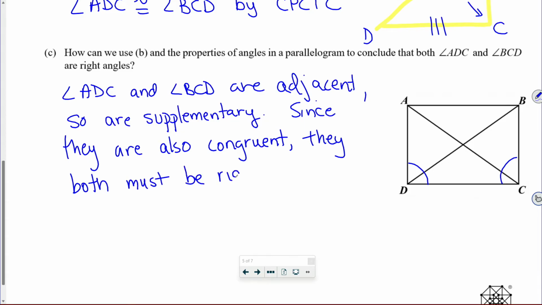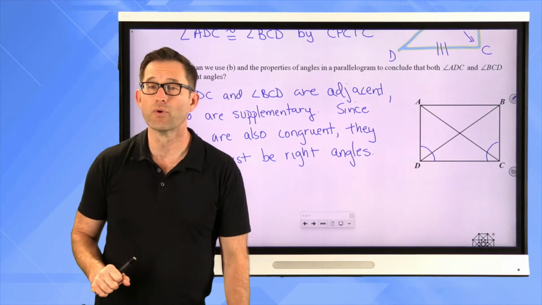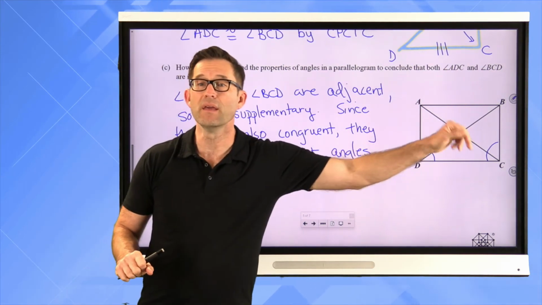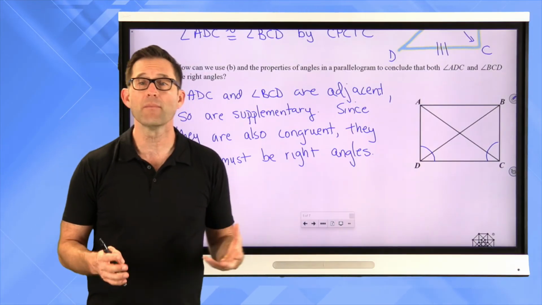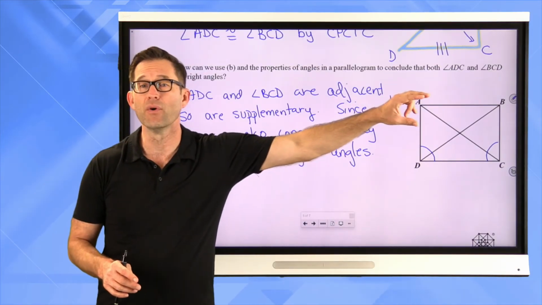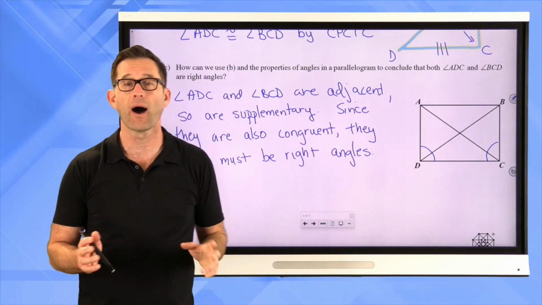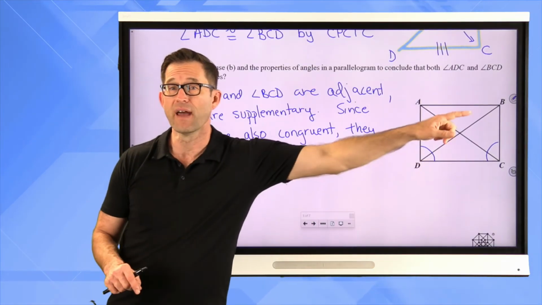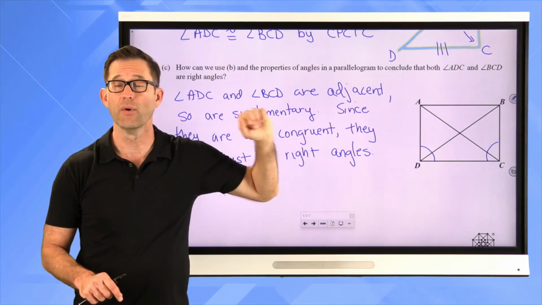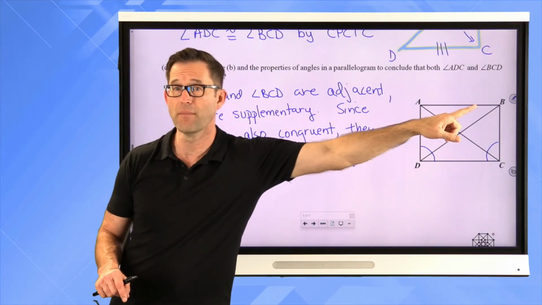Now, maybe we really should go on and also prove that angle DAB and angle CBA are right angles as well. But literally the argument we just made could have been made with those two triangles that are sort of on the top, if you will. Or at this point, you could also say opposite angles in a parallelogram are congruent. So if that's a right angle, that must be a right angle.